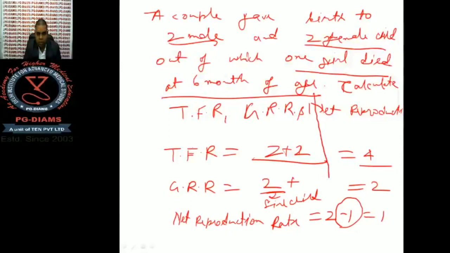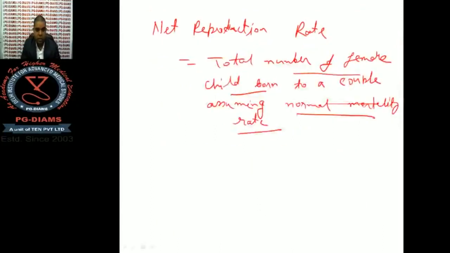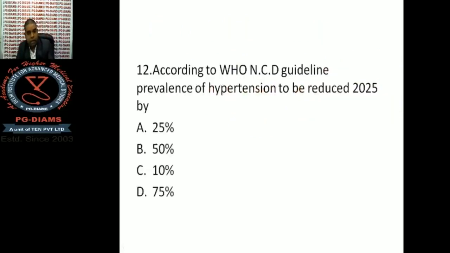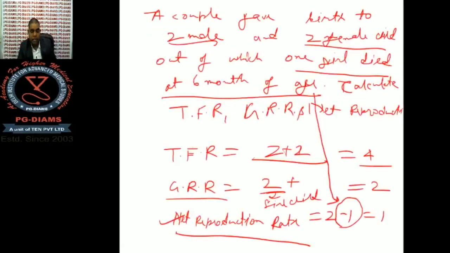This one girl who died at 6 months of age is taken in net reproduction rate but not in gross reproduction rate. Net reproduction rate is the total number of female child born to a couple assuming normal mortality rate, that is, taking into account all the deaths that happened. So to calculate net reproduction rate, we subtract the number of girl child who died out of total born girl child.